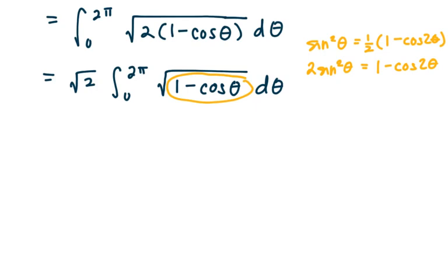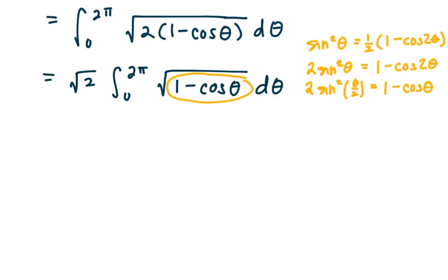Now if I took cosine of 2 theta and let that be equal to 1 theta, my regular theta would now be equal to half a theta. So this is 2 sine squared theta over 2 equals 1 minus cosine theta.